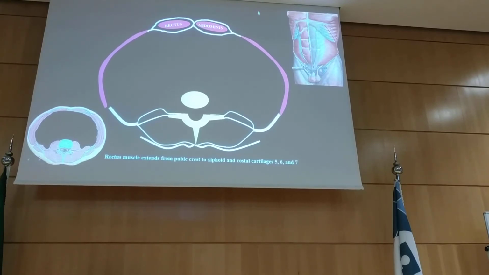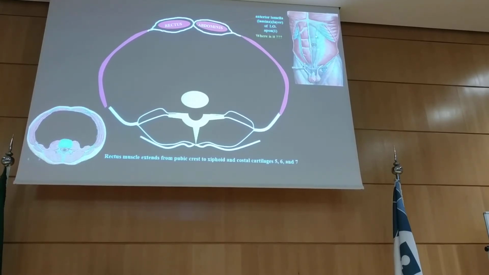Here it is made by aponeurosis. Then this is anterior lamella, aponeurosis. Where is it here? Can you look and tell me, is it this, or this? The second. This, or this? It's this.